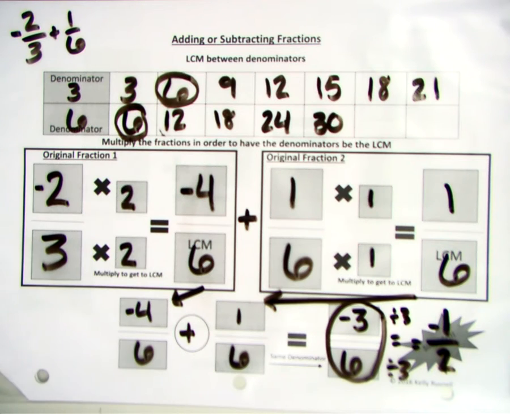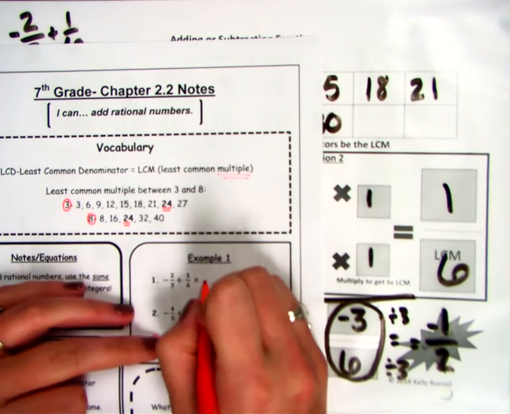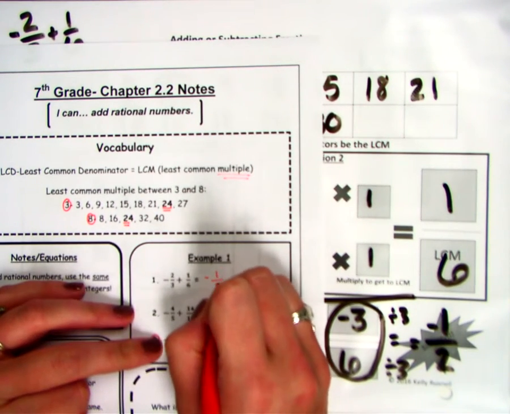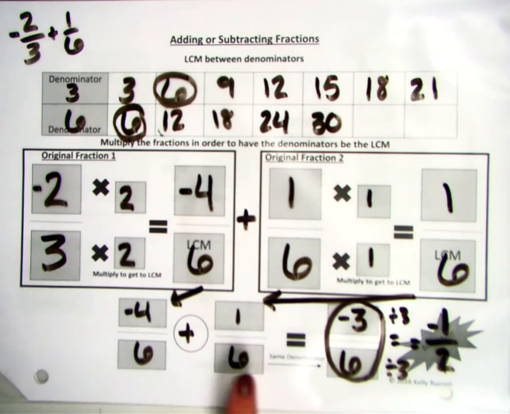Once I have finished that, I'm going to go back to my notes from earlier and write my answer as a negative 1/2. Not too bad, but you have to be very, very careful about how you solve these and that you fill this out completely.